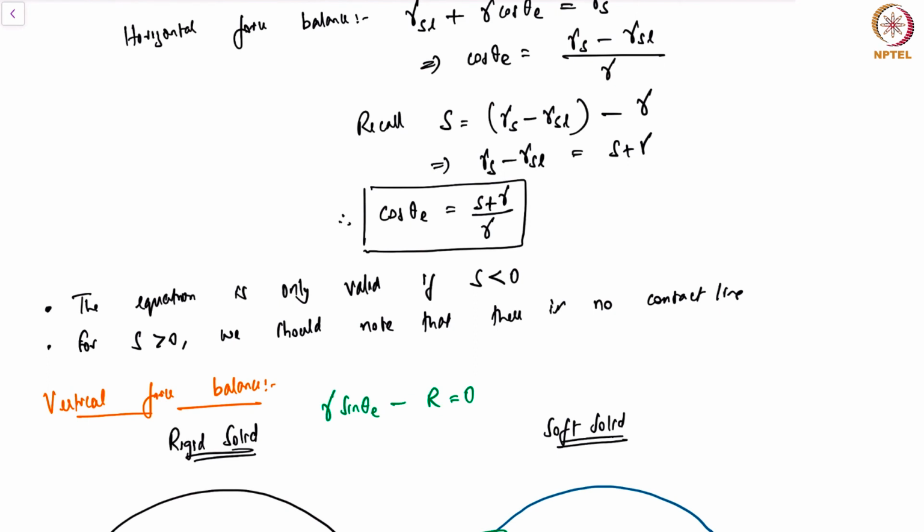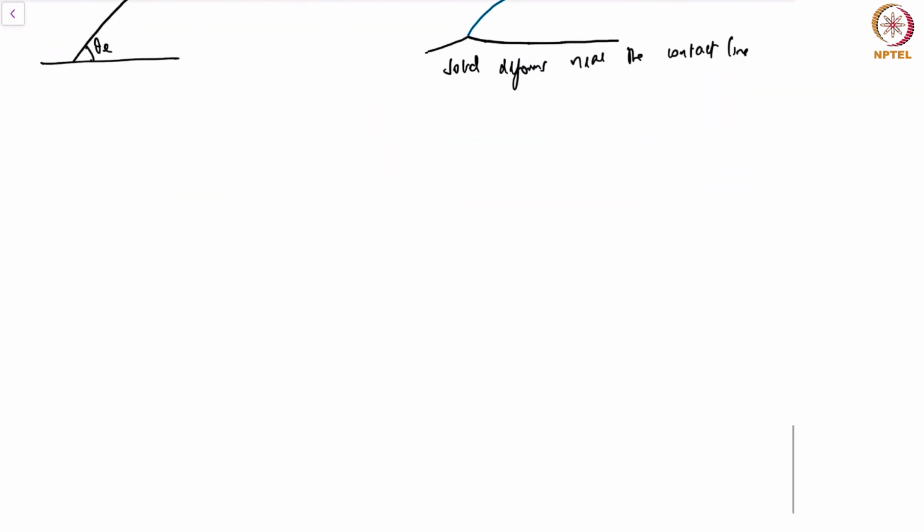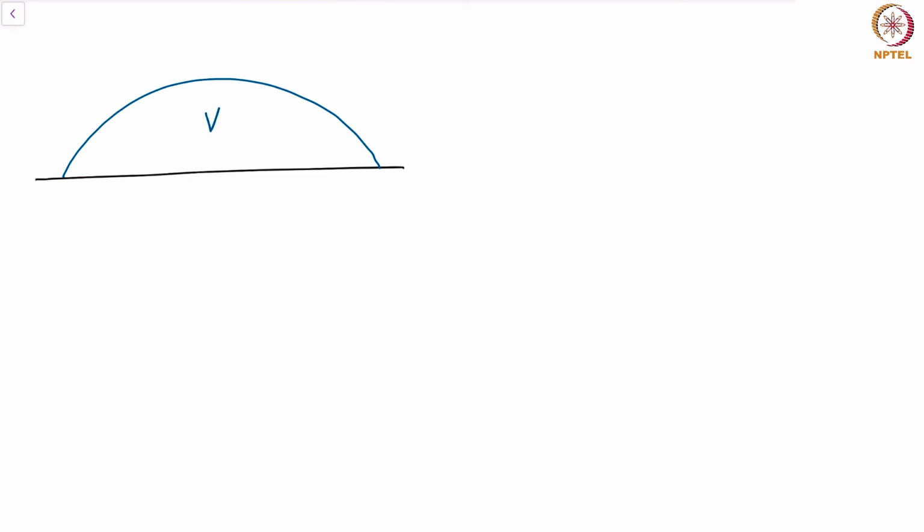Okay. Now we will consider a situation where we have a sessile drop. We will take it up in the next lecture, but the idea is as follows. We have a horizontal plate. We have a droplet of a known volume, let's say V. Okay, clearly S is less than 0.